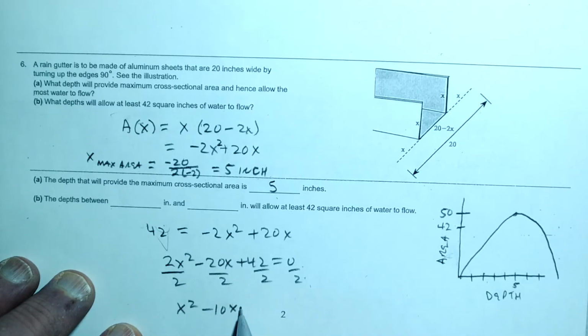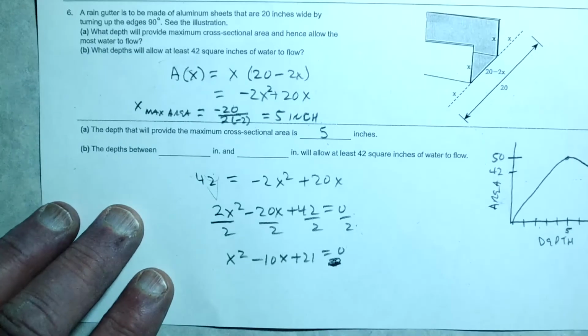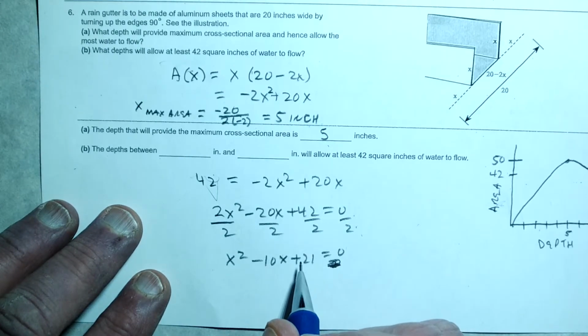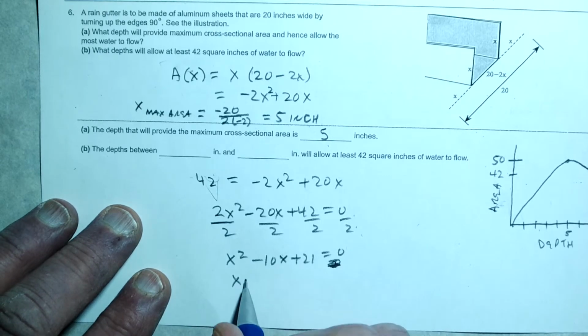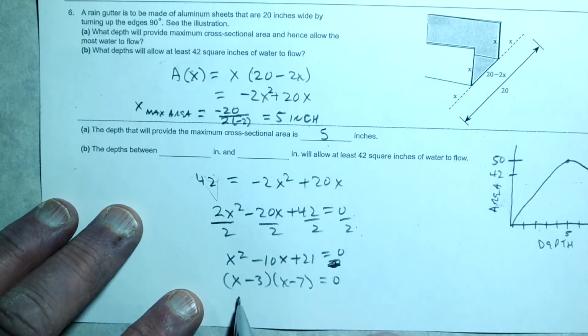And I have this. And by the way, that's just a page number. I'm on the second page of this handout. But what we got here is a situation where this does factor, because the two numbers that multiply to 21 and add to negative 10 happen to be negative 3 and negative 7. So what I have now is, according to the zero product property, two answers.